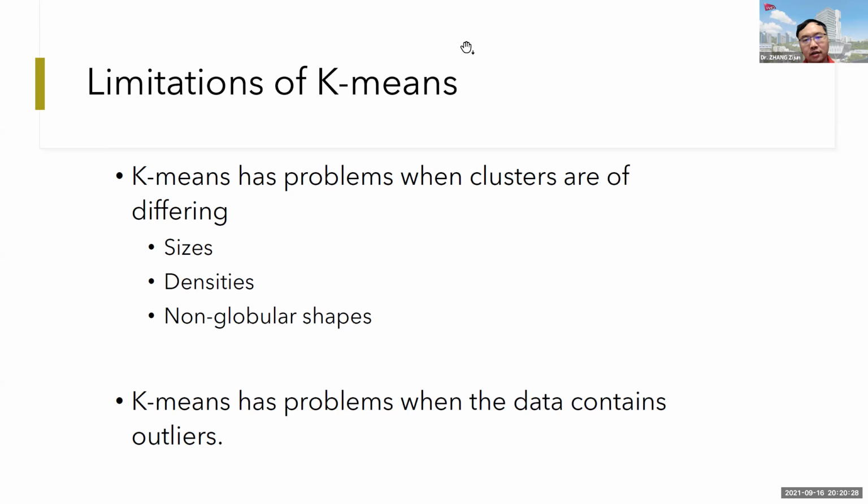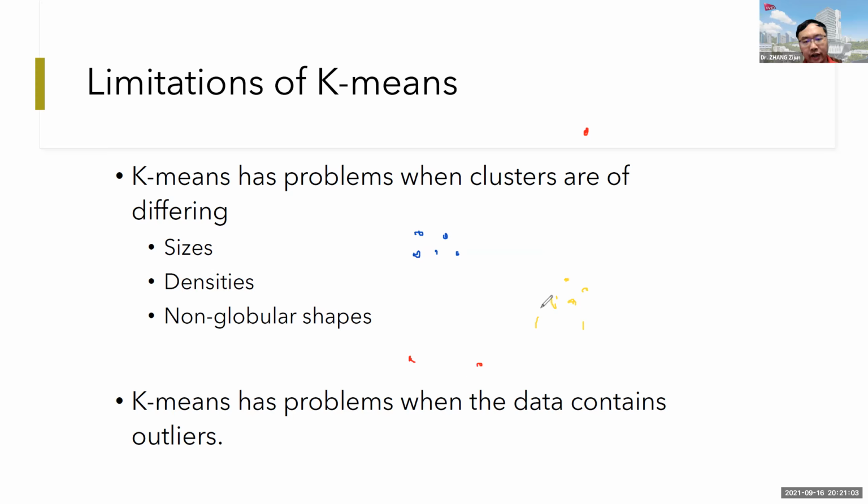Especially, for example, you have data points like this. You have another set of data points like this. Then you have some outliers here and here and here.